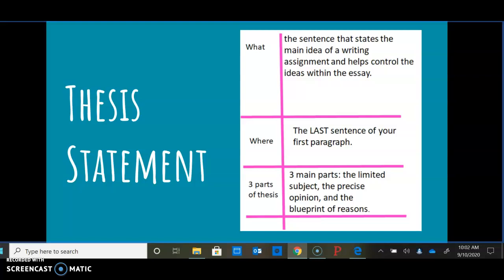So if I'm asking you to write an essay on, let's say, 9/11, and I'm asking you to research 9/11, maybe interview someone that was alive during that time, your three main parts is going to be the limited subject, that would be 9/11, the precise opinion, that means the view of the subject that you're talking about, and the reasons behind it.